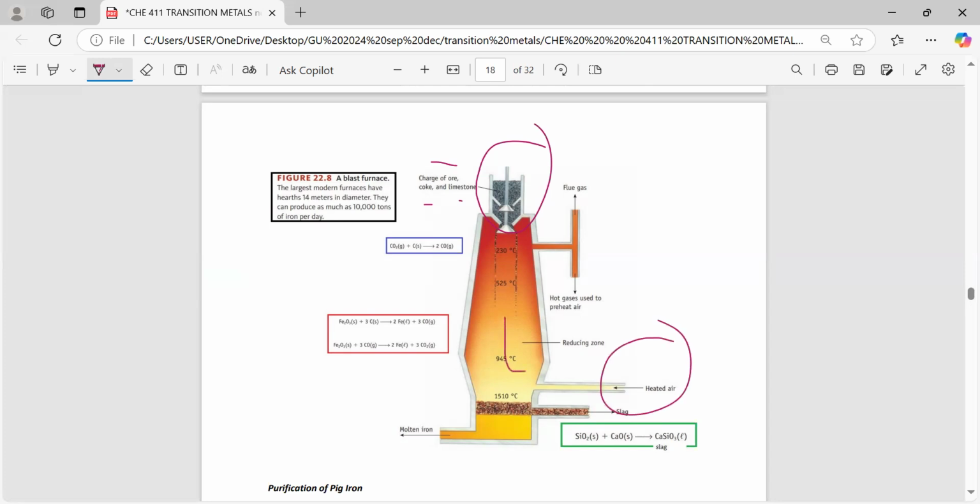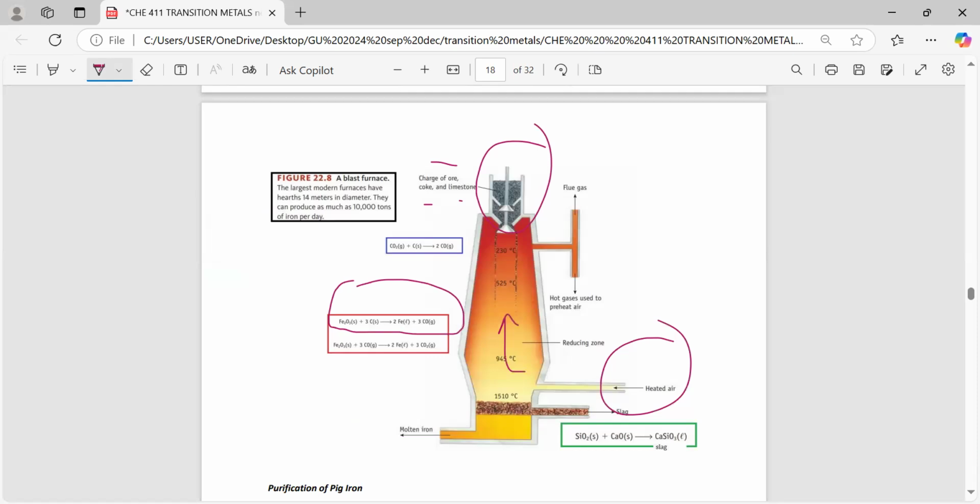It will rise like that and heat what is coming down to very high temperatures. Then you heat the carbon, and the heated carbon will react there. Then again, when it reacts, it forms your carbon monoxide.